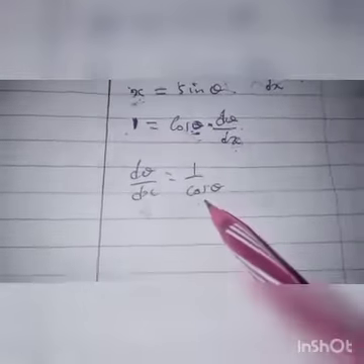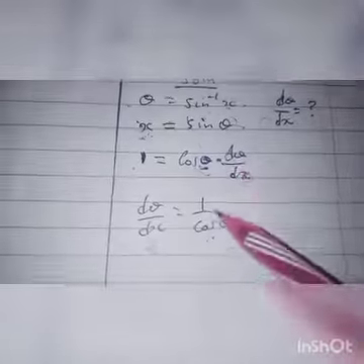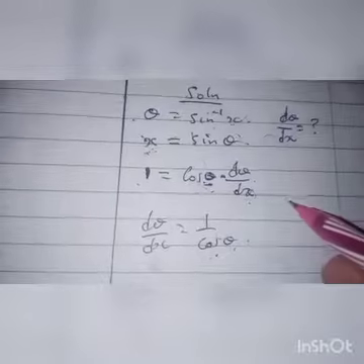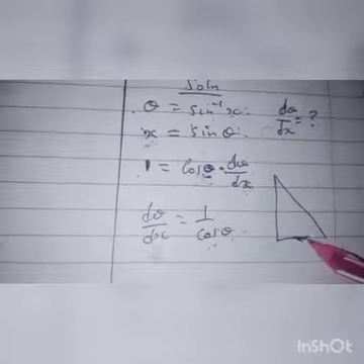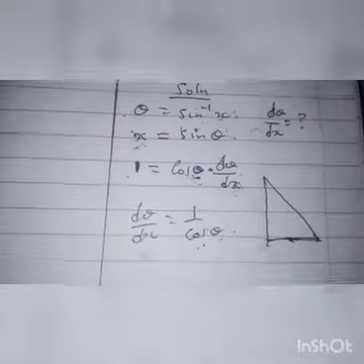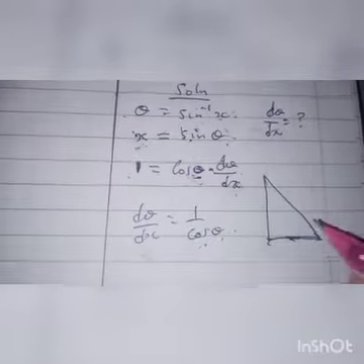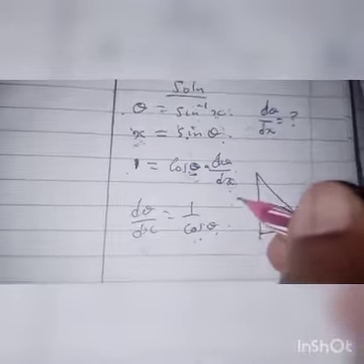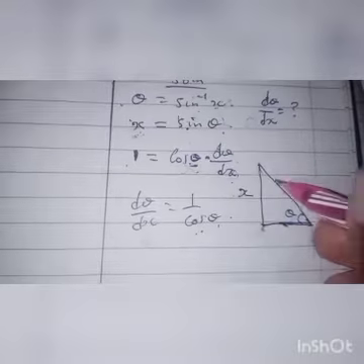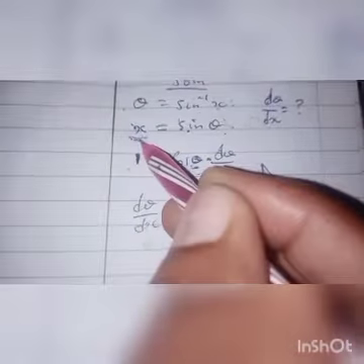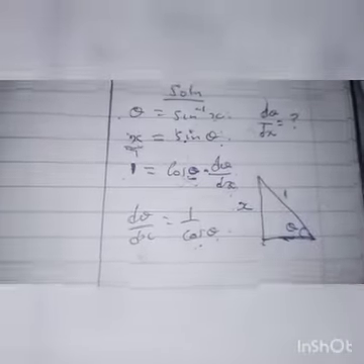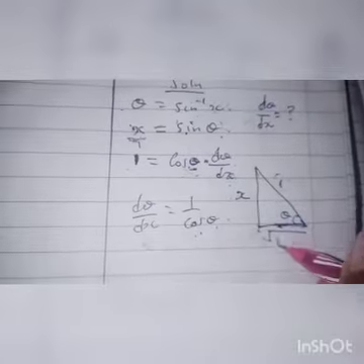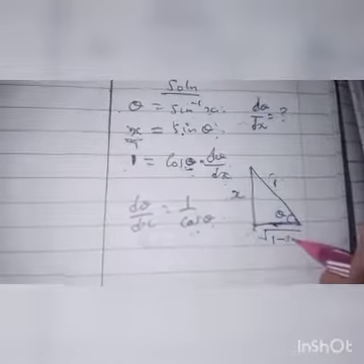Now, changing cos theta back in terms of x, we just use the Pythagoras Theorem. Sine of theta is the opposite over hypotenuse, which is x over 1, since the hypotenuse is 1. Therefore, the adjacent is the square root of the hypotenuse squared, 1 squared which is 1, minus x squared.